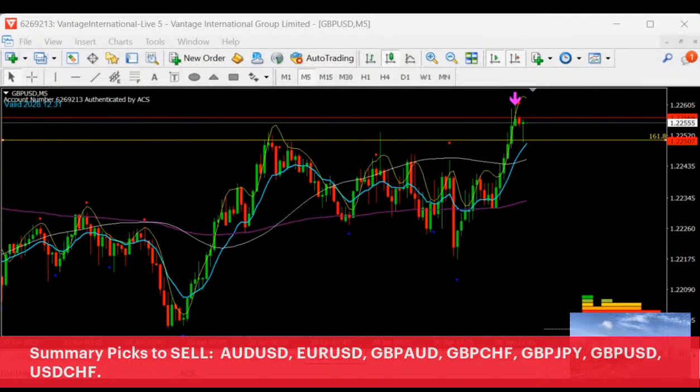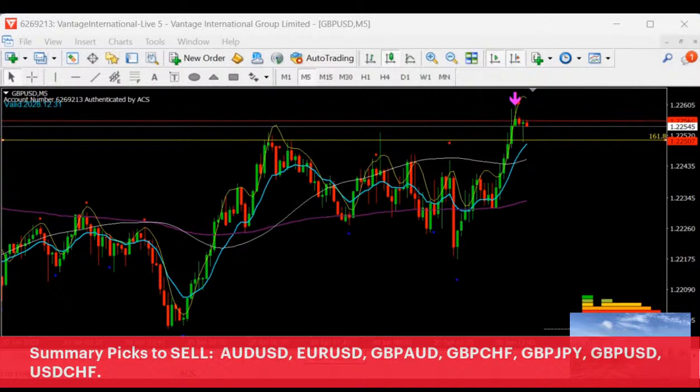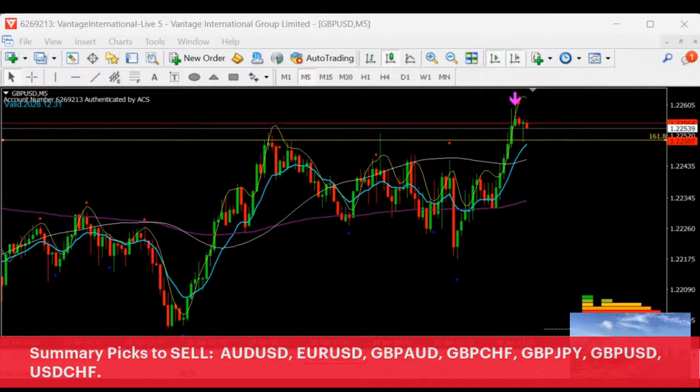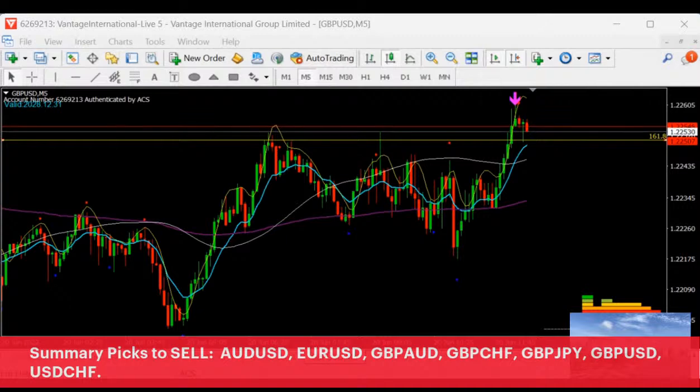When things are hovering around in the sideways, it can be very boring, with no entry of trades.